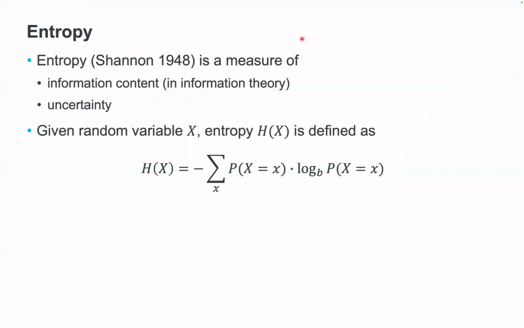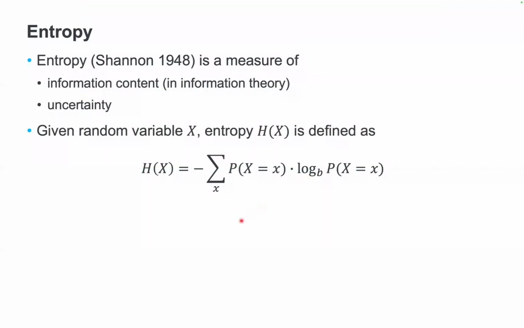So entropy was invented by Shannon as a measure of information content or as a measure of uncertainty, both actually, because the question that Shannon asked was: how much information is conveyed when I send a certain signal, let's say over an airwave or over some cable.